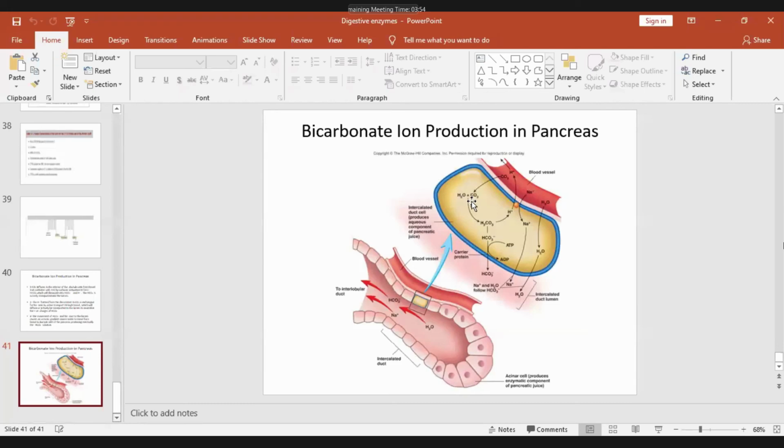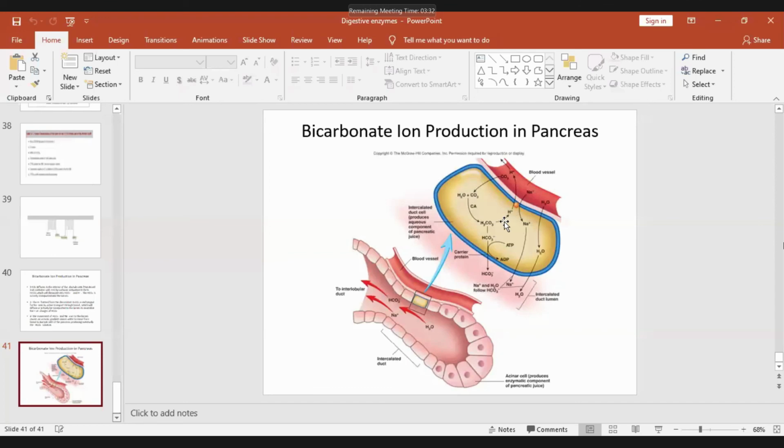Combining with water, it forms carbonic acid, H2CO3, which is dissociated by the carbonic anhydrase enzyme into bicarbonate and H+. The bicarbonate is secreted towards the lumen.